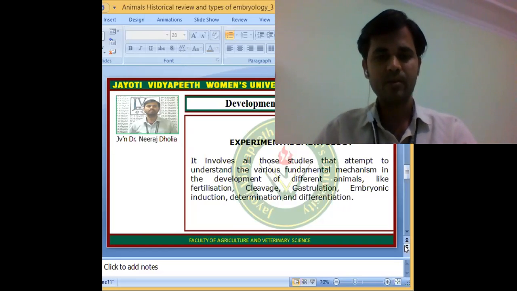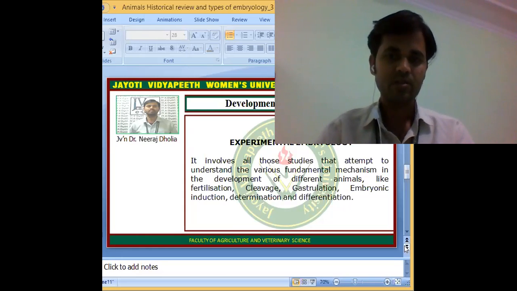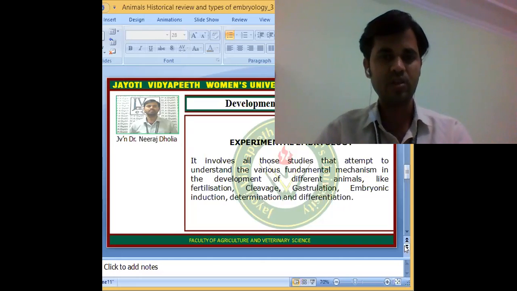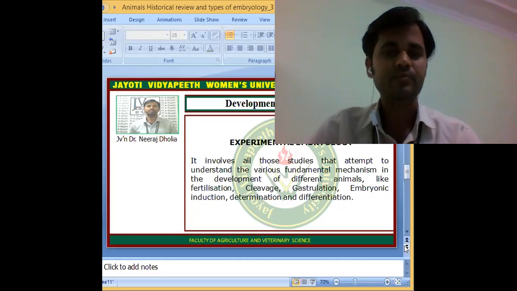So experimentally we can isolate the stem cells, conduct experiments that control the differentiation, and study any drug or chemical which affects the differentiation steps. Okay, likewise the fertilization, cleavage, gastrulation, embryonic induction, and determination, all these steps can be explained using controlled conditions in the lab and explained by the experimental embryology. So all the experiments will come under this category.